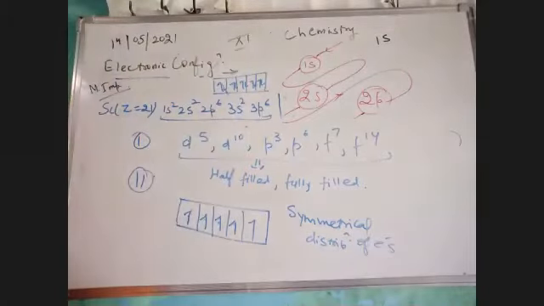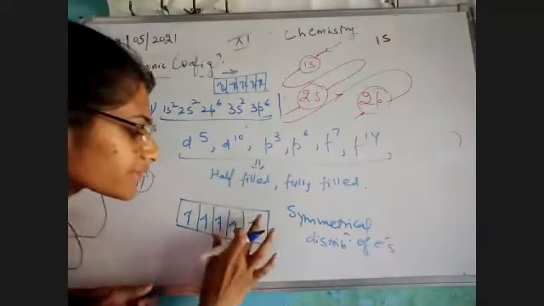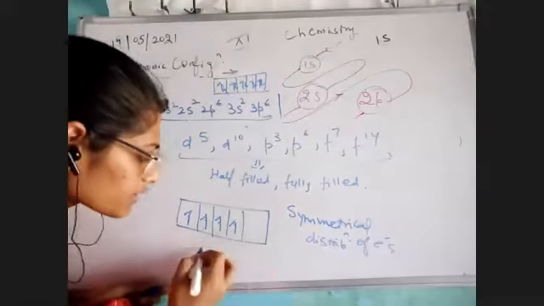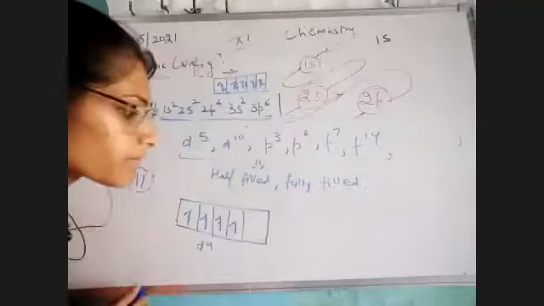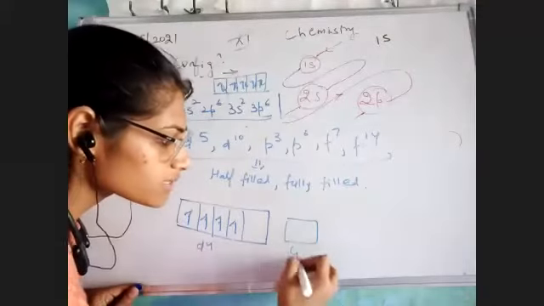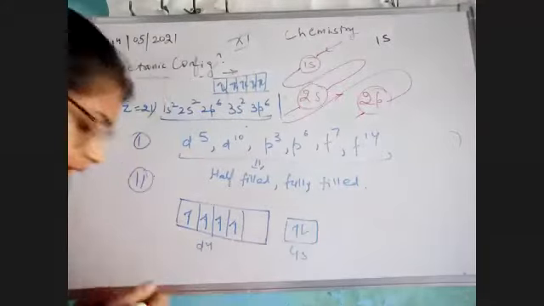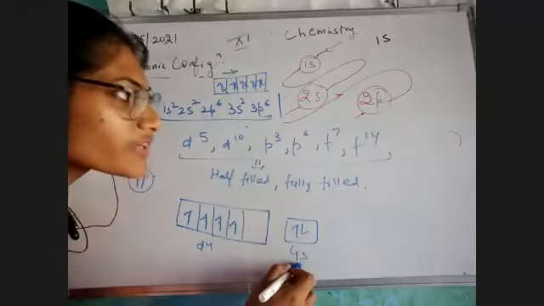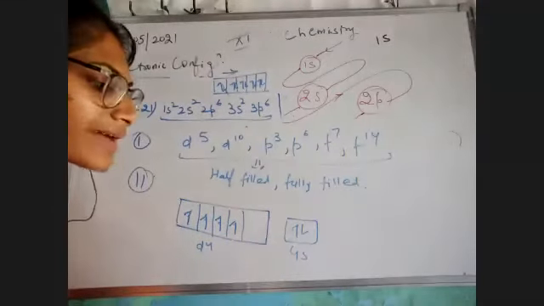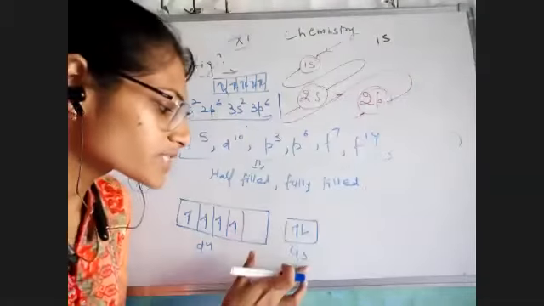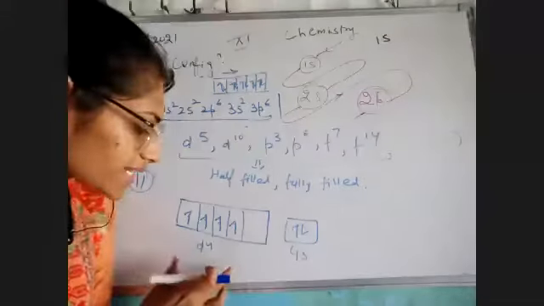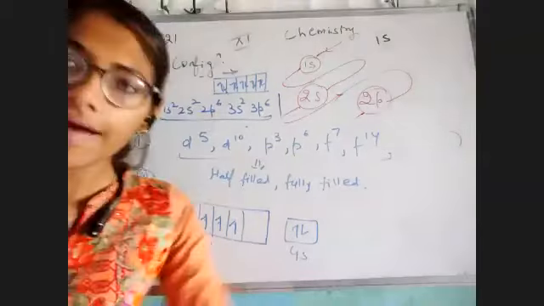Second one, they have told us that suppose I'm taking d4 4s2. Now the 4s, we already know from the n plus l rule, हमने अभी study किया था that the 4s is lower in energy, whereas 3d is higher in energy.